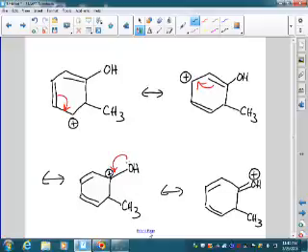So again, we're moving toward the plus charge.